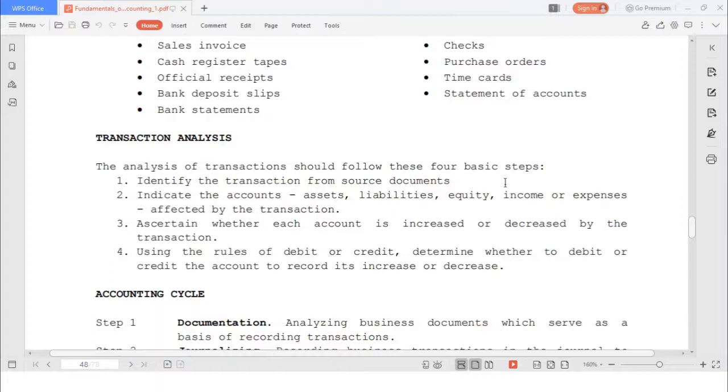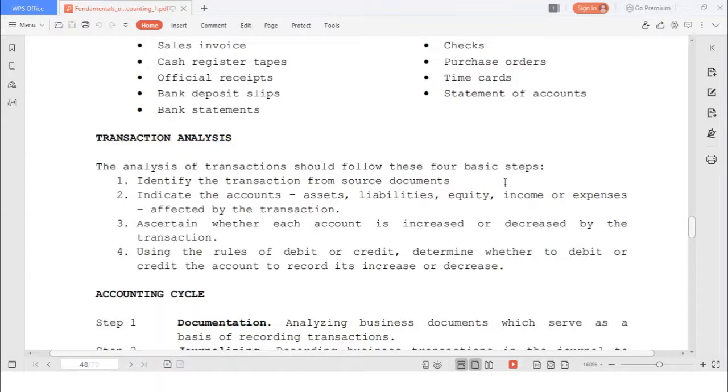Kung purchase order, ikaw pud ang ni-order, di ba? Kung time cards, it has something to do with payroll, di ba? For bank deposit slips, you are of course depositing cash in the bank, or statement of accounts, there are billings. So you need to identify the kind of transaction from the given source document.